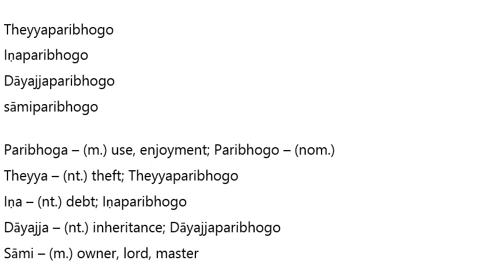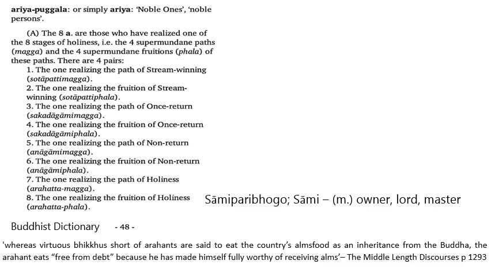Just as a son or a daughter might inherit what belongs to his or her parents, similarly, the noble ones who have not attained Arhata Phala enjoy the use of the country's alms as the true sons and daughters of the Buddha. Here is a screenshot from the Buddhist dictionary. It tells us about the 8 stages of holiness.